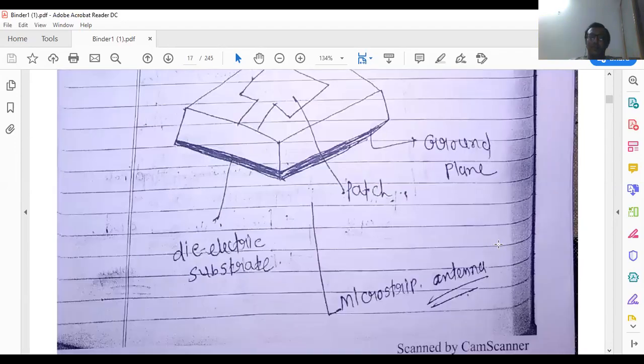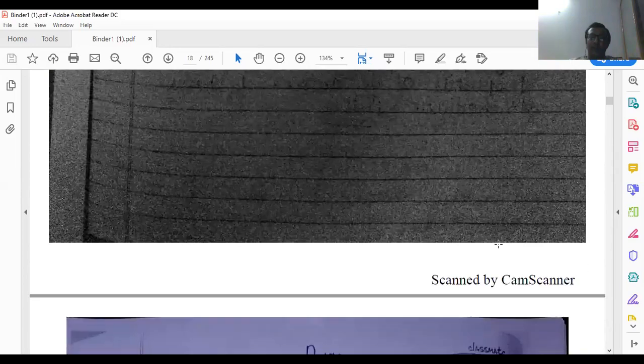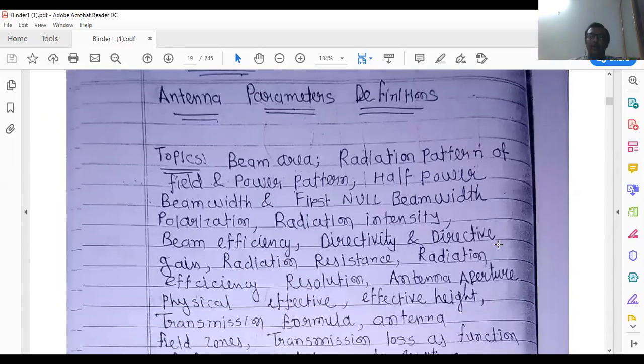Now see, this is the symbol of the different antennas. Now the next topic is known as antenna parameters and definitions. Based on this particular chapter, lots of MCQs can be asked in the examination. I have also shared the link in the Google Classroom, sandfoundry.in, or other electronics.com, at which you will be able to identify the MCQs related to antenna.